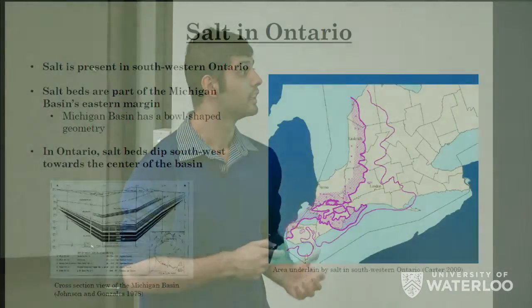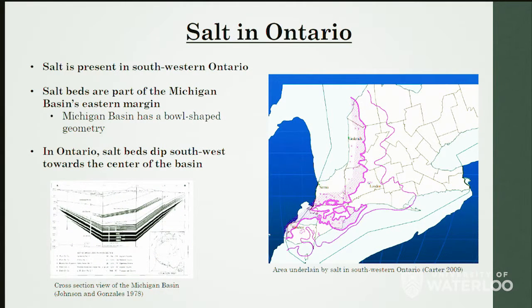That means the salt beds are thicker in the middle, and on the western and eastern side, the salt beds are thinner and are found at shallower depths. Ontario lies on the eastern side. On the figure on the right-hand side, we can see that the salt beds in Ontario are in southwestern Ontario, and they cover major cities such as Windsor, Sarnia, and Goderich.